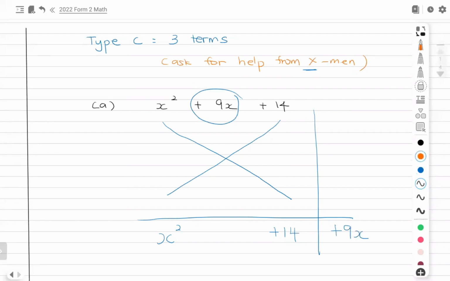This is step 1. Let me write down first. Partition the terms by drawing X. Okay, this is step 1.